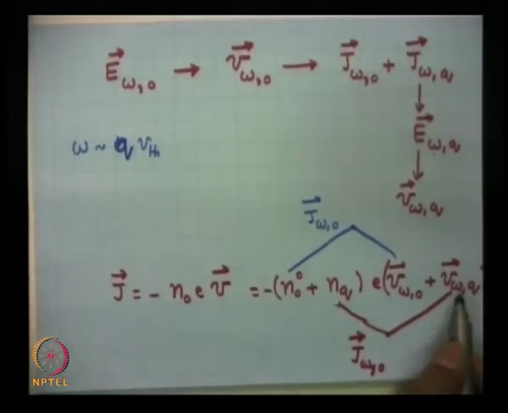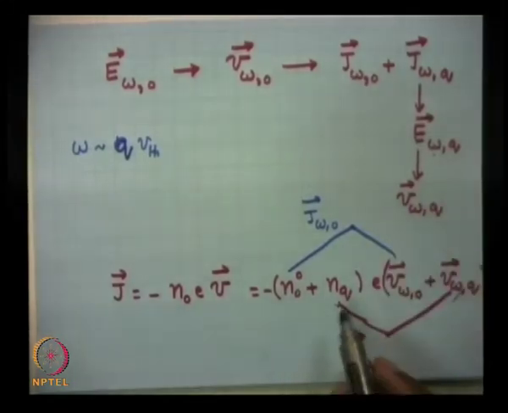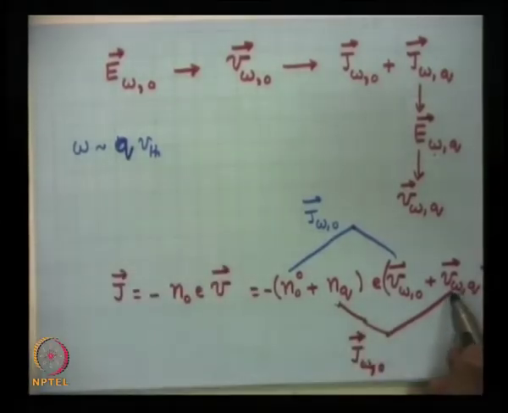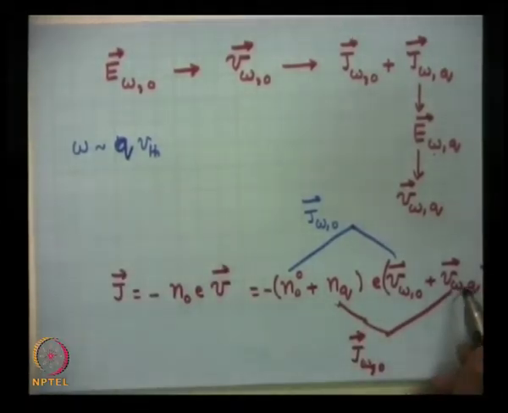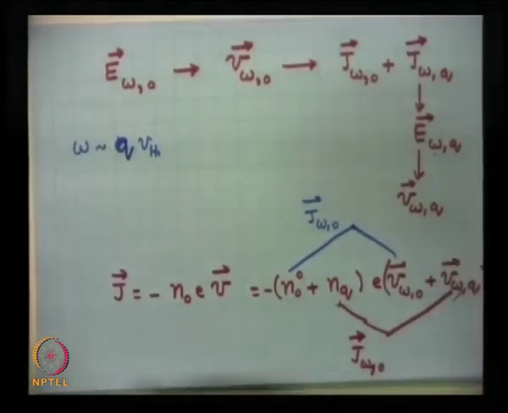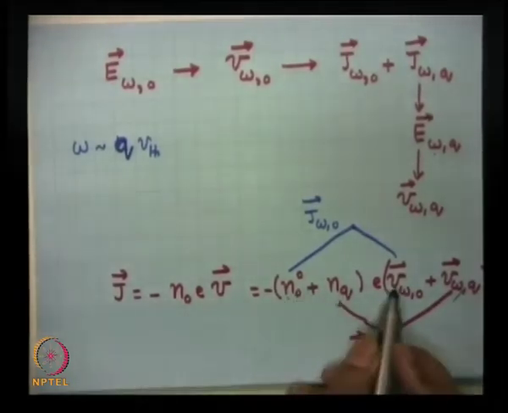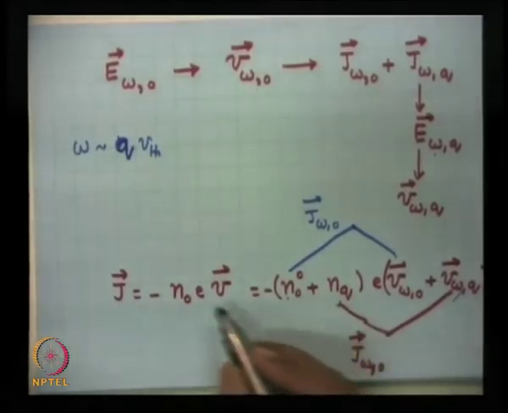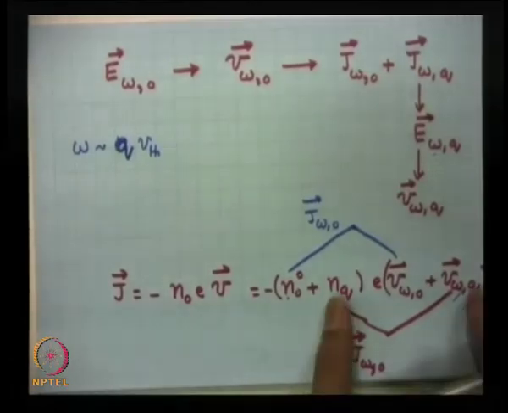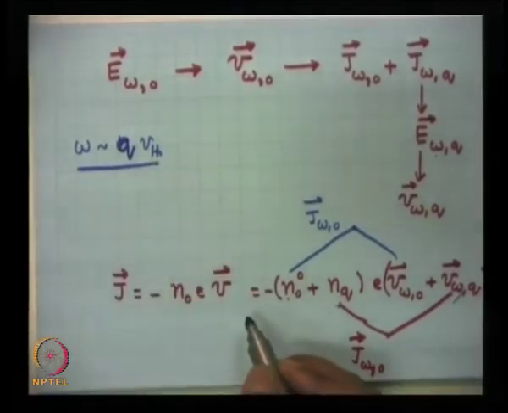So, V omega q will not be in the same phase as the E omega q, but because of the Landau damping term, Landau resonance term or Cherenkov resonance term, it will have a part out of phase, not pi by 2 out of phase, and that gives rise to J which is in phase with the electric field. Otherwise, because of these two terms, if there are no collisions, then J and E are out of phase by pi by 2. But this product, because of this resonance, will have a damping term.